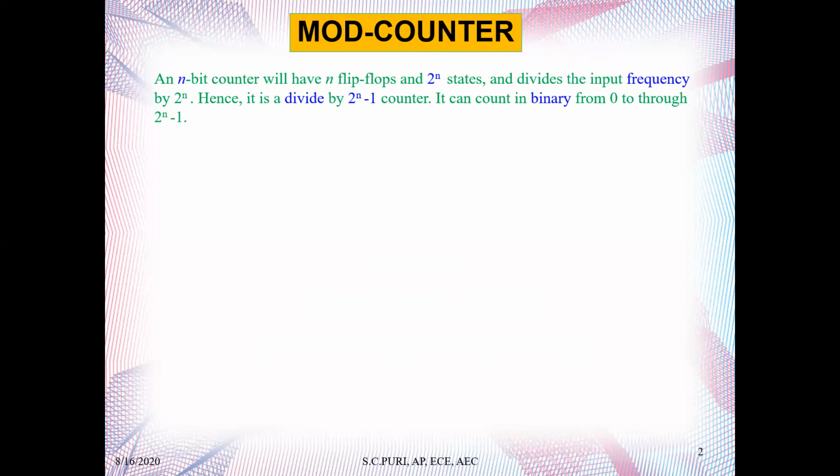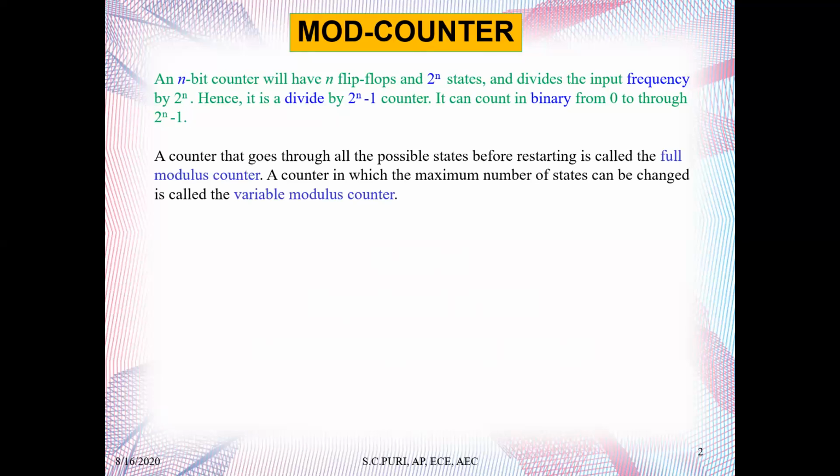It can count in binary from 0 through 2 to the power of n minus 1. A counter that goes through all the possible states before starting over is called the full modulus counter. However, a counter in which the maximum number of states can be changed is called a variable modulus counter.